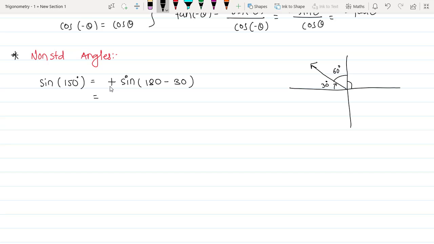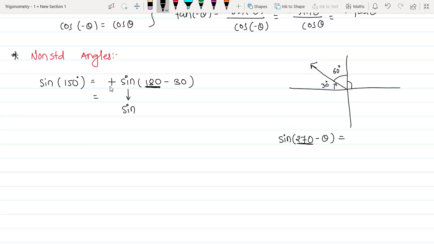Whenever you have 180 or 360 in this first term, your sine remains sine. If here you have 180 or 360, your sine remains sine. Means what? See here, if I say sine of 270 minus theta, then what happens?